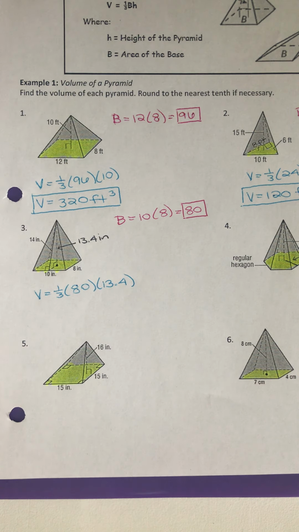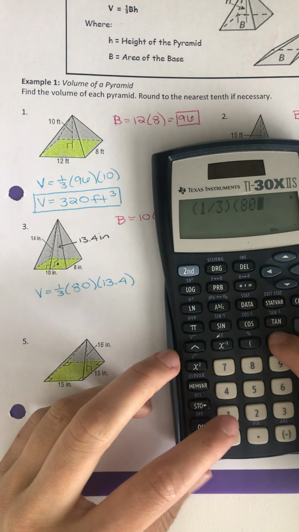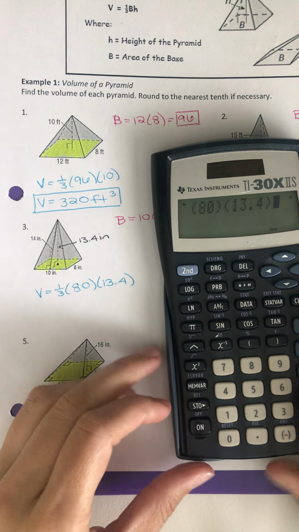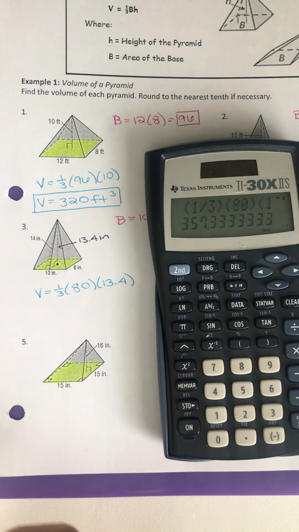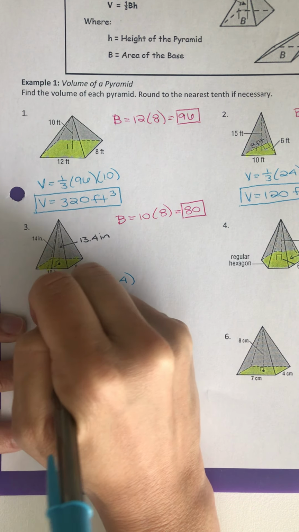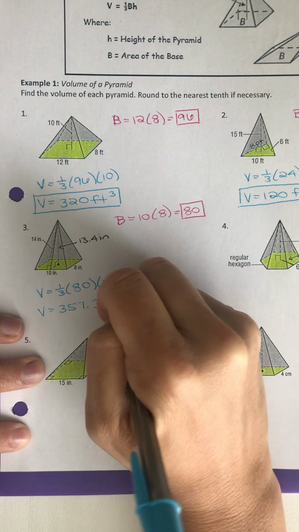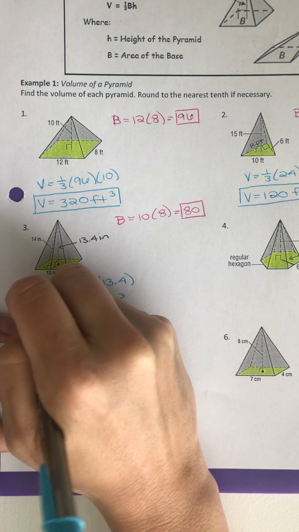I gave that to you. 1/3 80 times 13.4, and you get 357.3. Inches, and units is cubed.